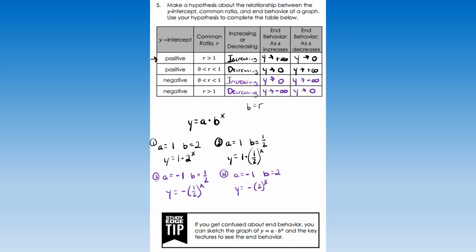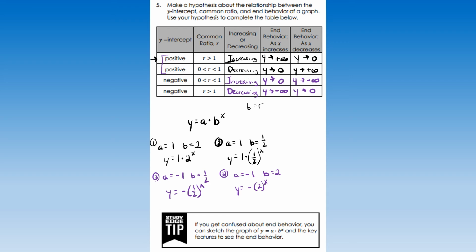So this is a way that you can summarize everything that we know about exponential functions so far. If a is a positive number, we have two possibilities. Either the graph is increasing, which means that as x gets bigger, y gets bigger.